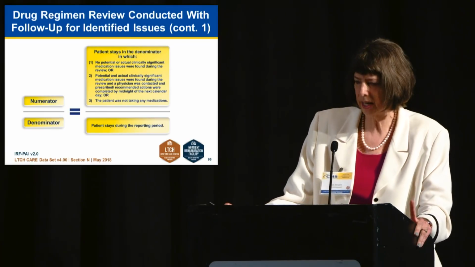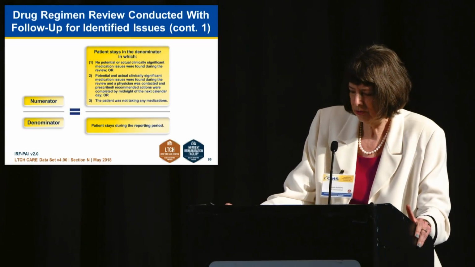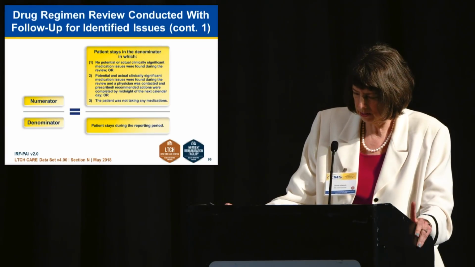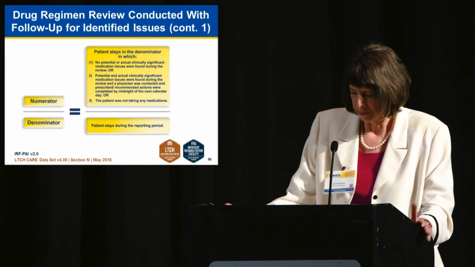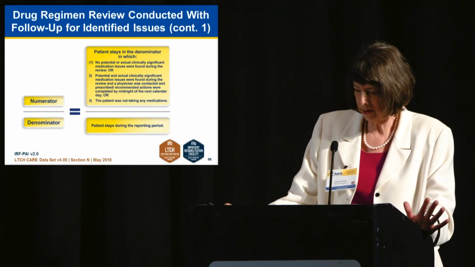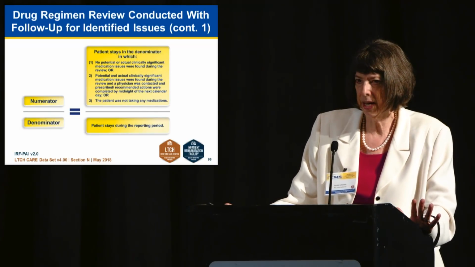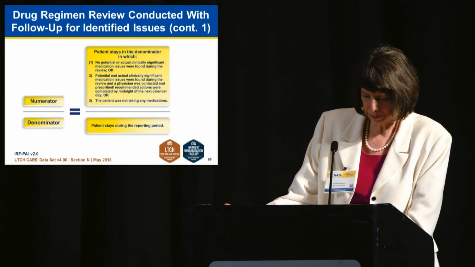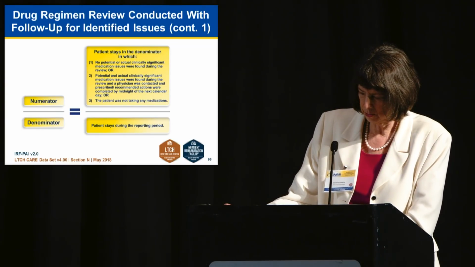So to calculate the percentage of patients that successfully met the DRR measure criteria, we first set up a fraction. So you can see that we have the numerator on the top and the denominator on the bottom. We divide the number that would appear in the numerator by the denominator's number.